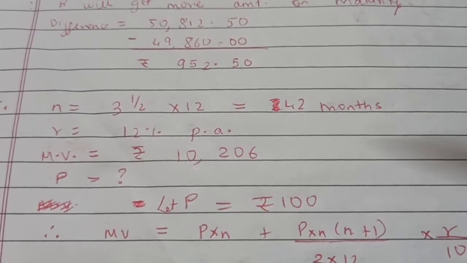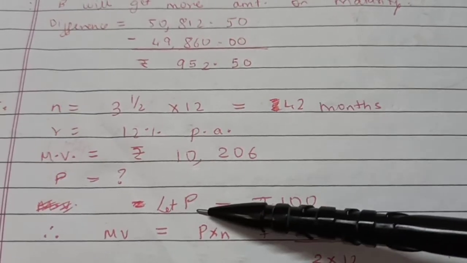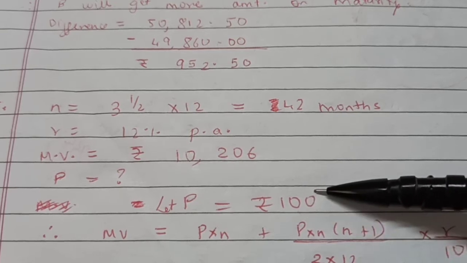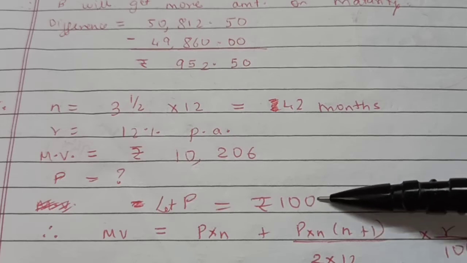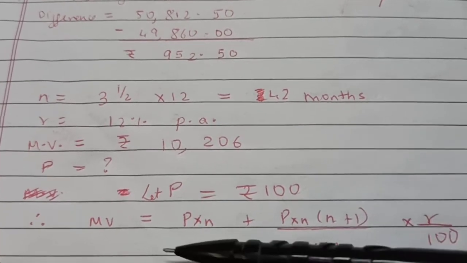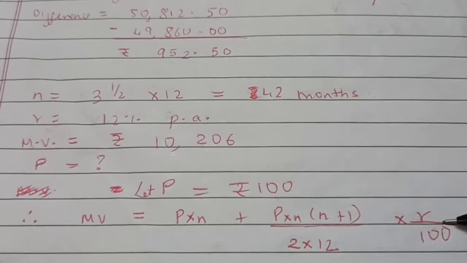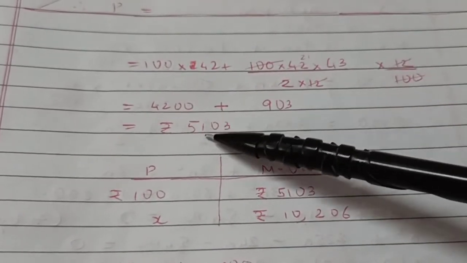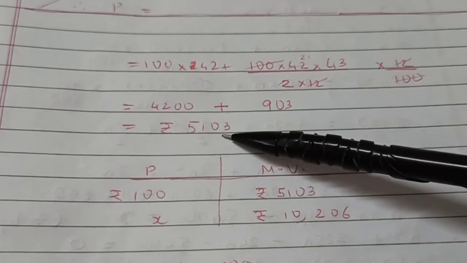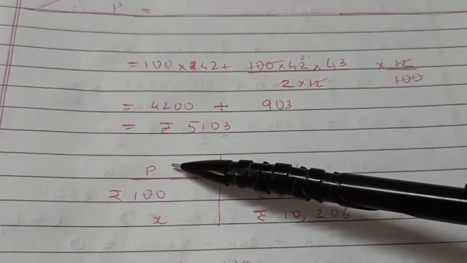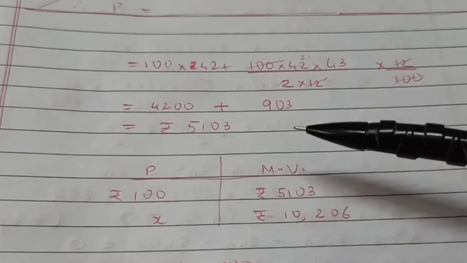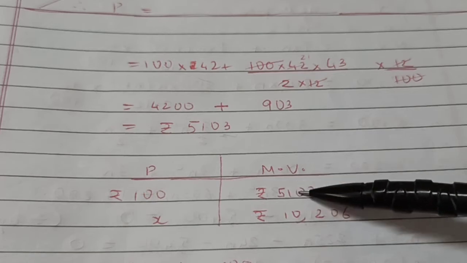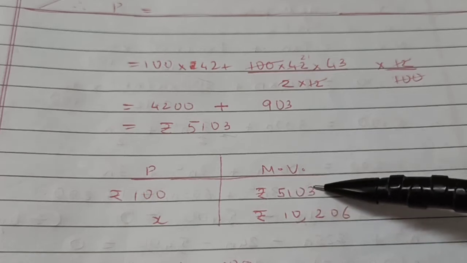I'm going to use the method where I assume P to be rupees 100. This is the assumed principal, not the actual one. Principal per month. So now write the formula. Maturity value is this, substitute the values, and you get the assumed maturity value as rupees 5,103. What does it mean? It means if the principal per month was 100, then the maturity value after 3.5 years would be rupees 5,103 at 12% interest.